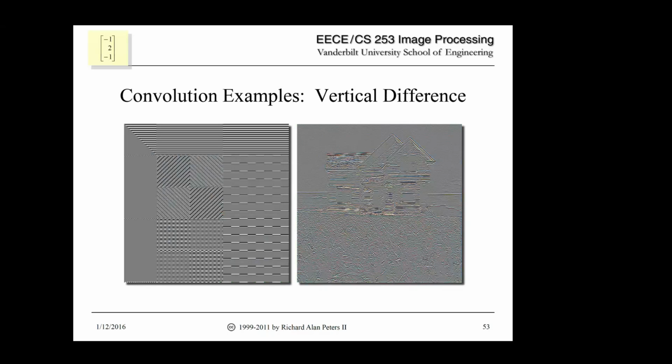This is by computing derivatives in this direction, and here we have the same effect. You see the bottom and top sides of the windows or the house, but you don't see the horizontal ones. These are in this direction. I don't see that this wall doesn't have any change. So the wall is disappearing.